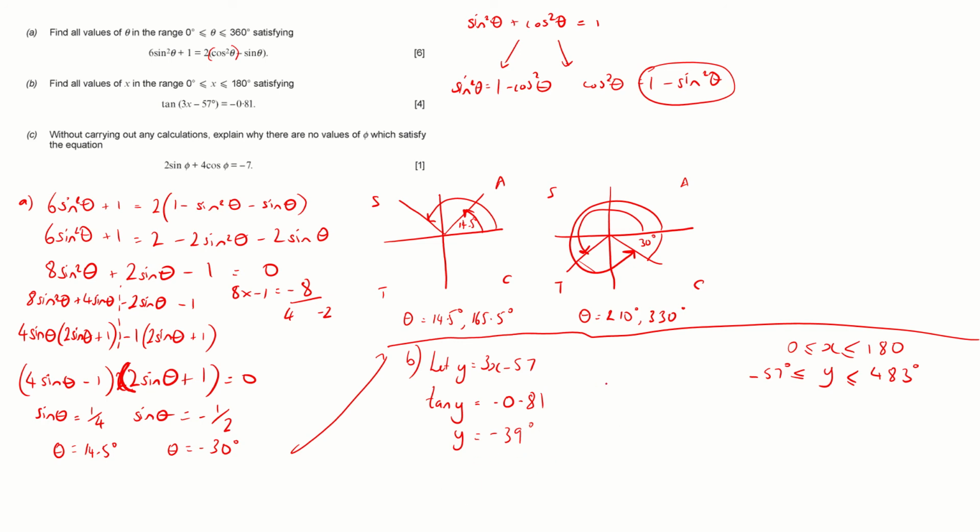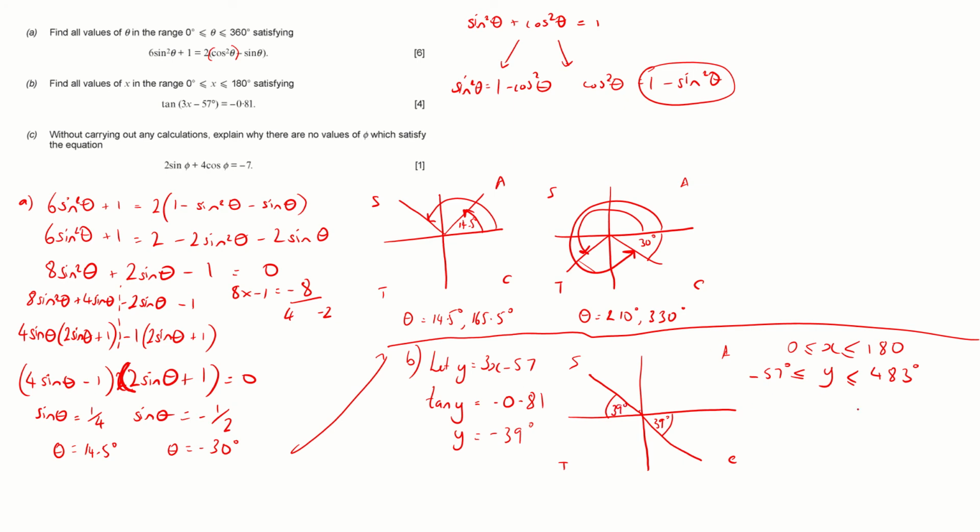CAST diagram in this space here, C, A, S, T. Now, I was talking about tan of y equal to minus 0.81. That's where tan is negative. Tan is negative here and here. And what it's telling me is that this angle here is worth 39 degrees, and also this angle here is worth 39 degrees.